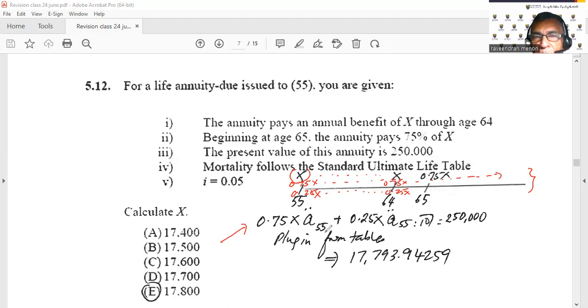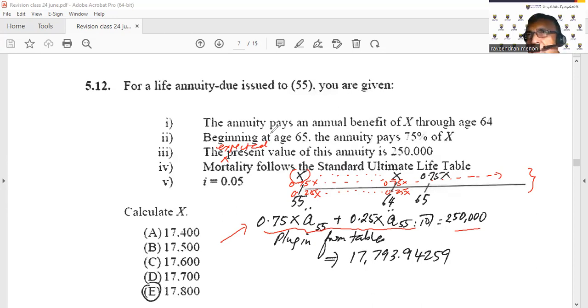0.75X times a-double-dot 55, plus 0.25X times a-double-dot 55 angle 10. This is your expected present value, and they gave me the value as 250,000.